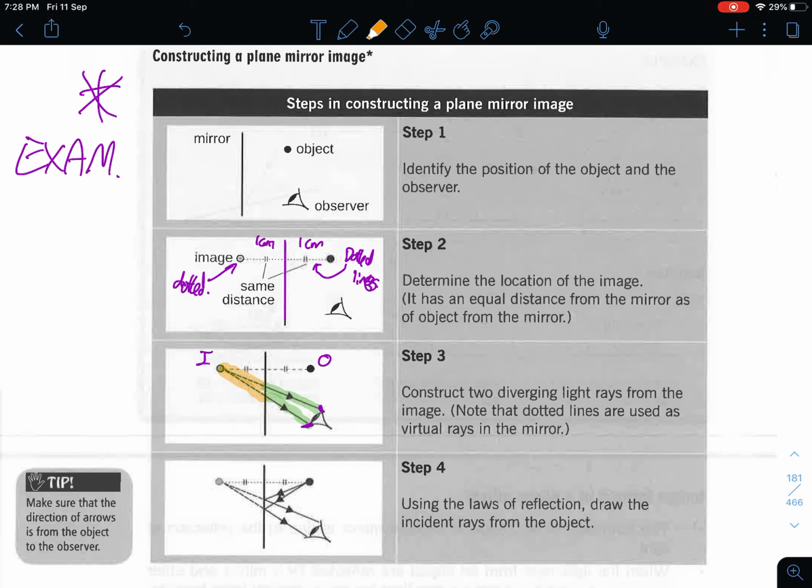Last but not least is to actually join the object to the intersection point of the plane mirror, and this will be the image. Okay, and you are done.